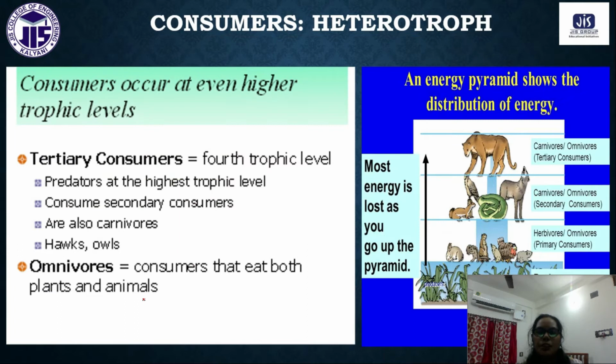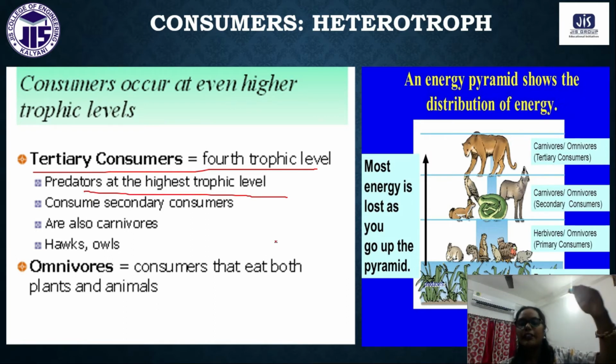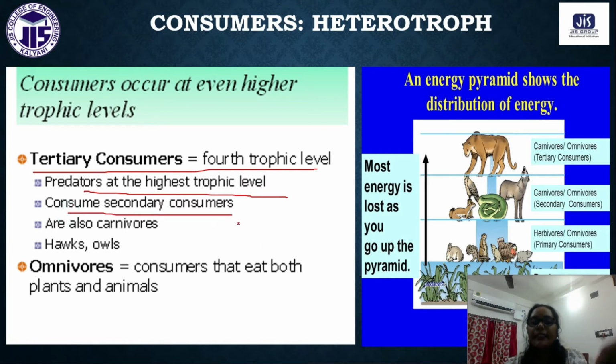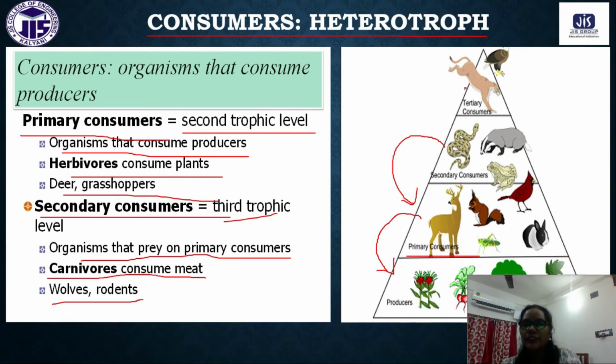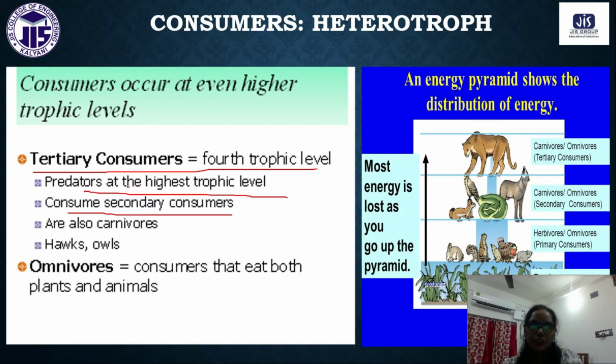Okay. Now, tertiary consumers. Tertiary consumers are at the fourth trophic level, the highest trophic level in the food chain. They consume the secondary consumers, like lion, hawk, owl.